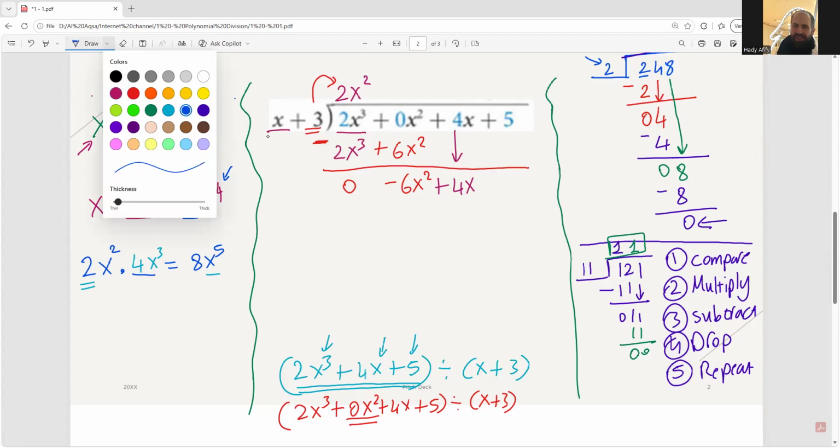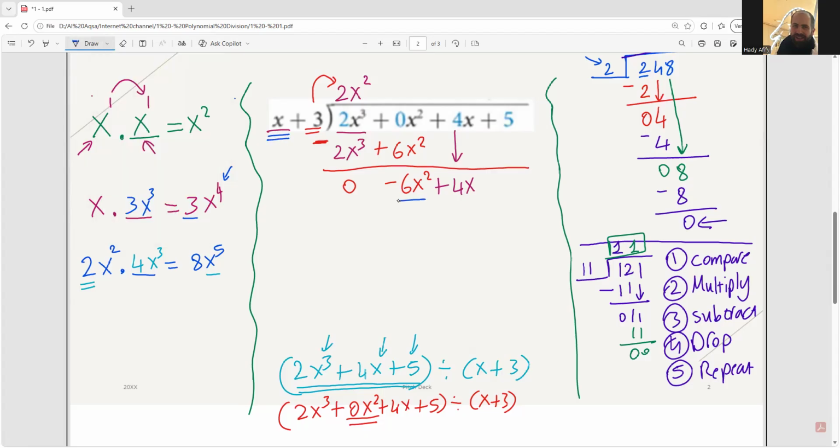I'm going to compare x with negative 6x squared. If you multiply x with negative 6x, you're going to get negative 6x squared. You always do this to find something which is the same as the first component of the binomial that you are having here.